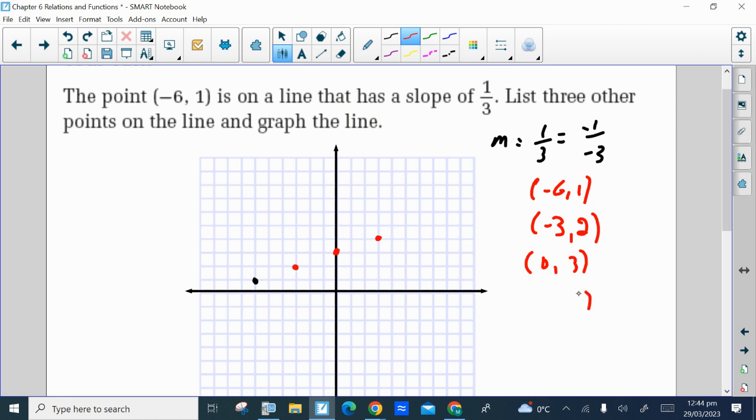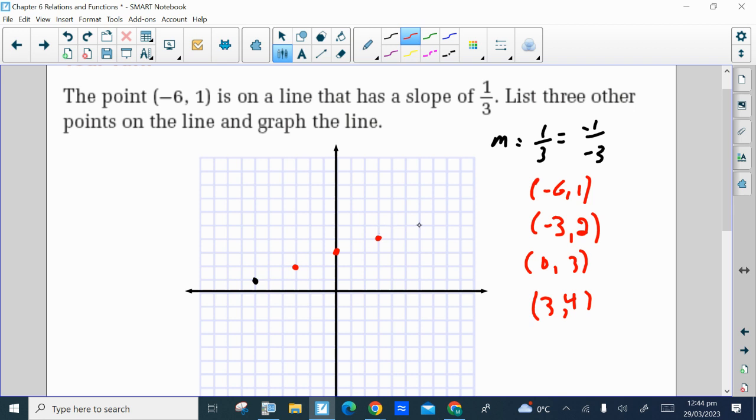So again, if you rise 1, the y value is increased by 1, and you run +3, the x value is increased by 3. So that takes us to the point 3, 4, which is what that point is.